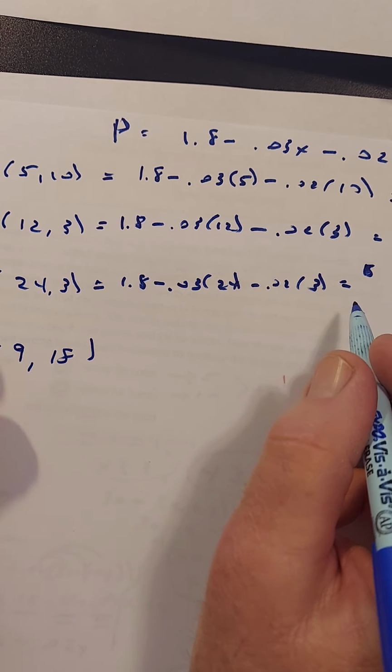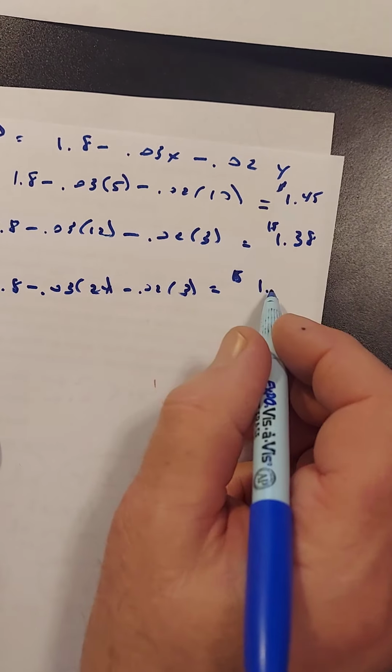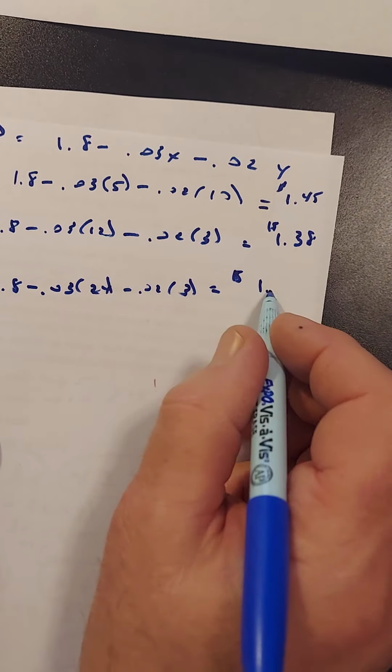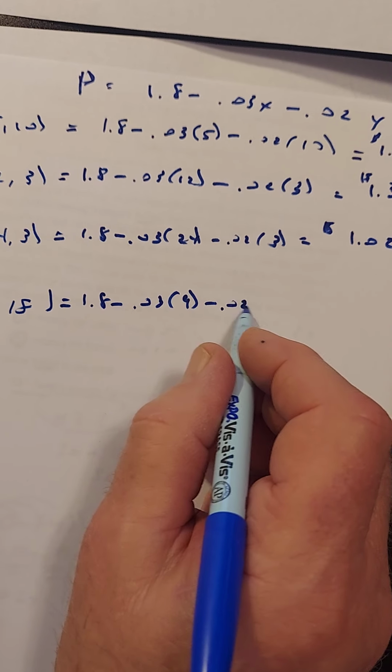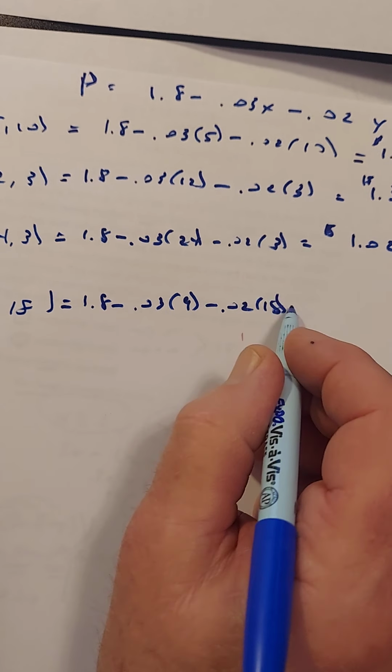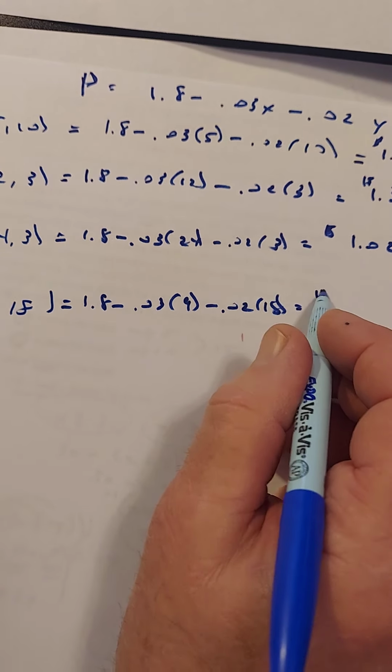And that one is going to end up being 1.02 million. And then last but not least, 1.8 minus 0.03 times 9 minus 0.02 times 18. And this one, at (9, 18), it should be 1.17 million.